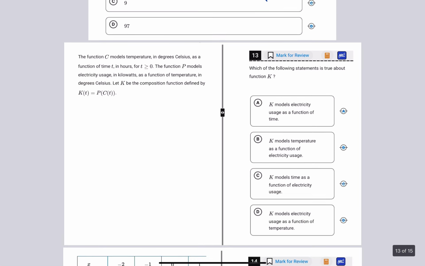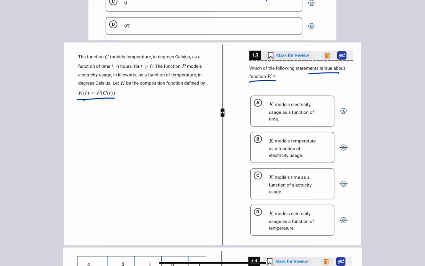Okay, what about this question? Now, we have the function c, which models temperature in degrees Celsius as a function of time, t in hours. Function p models electric usage in kilowatts as a function of temperature in degrees Celsius. Let k be the composition function defined by the following. So which of the following statements is true about function k?